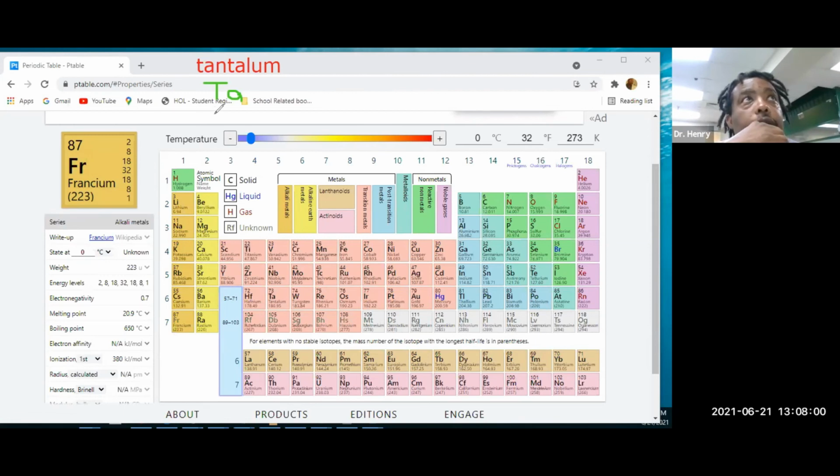Okay, and then we're talking about, let's say, Ta 6 plus. Okay, so what would be the electron configuration for Ta? I heard 1s, 1s2.